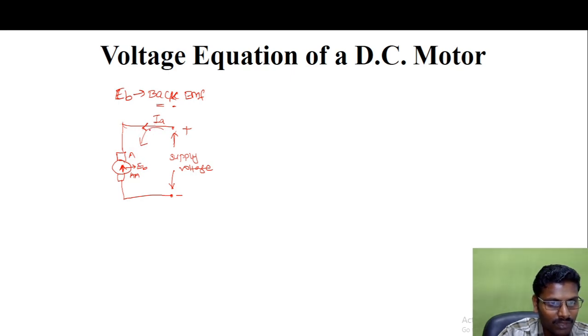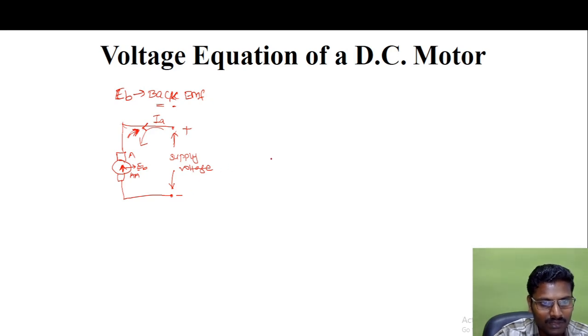The current is flowing towards the armature conductor, but after achieving the rated speed, the motor induces an EMF, denoted by EB, which opposes the input current from the supply voltage. This is known as back EMF.